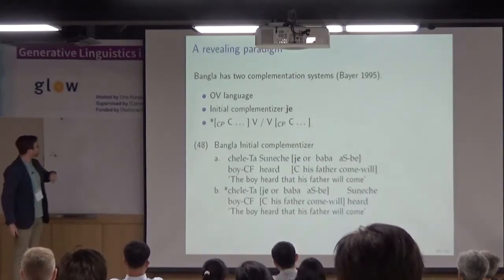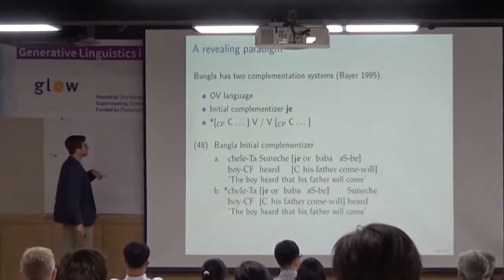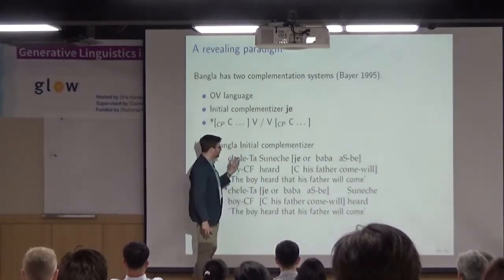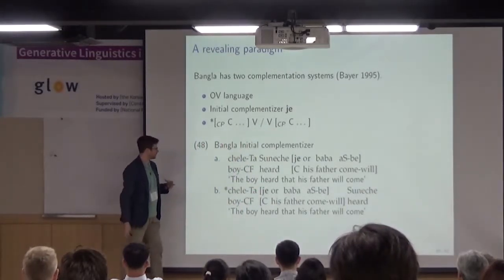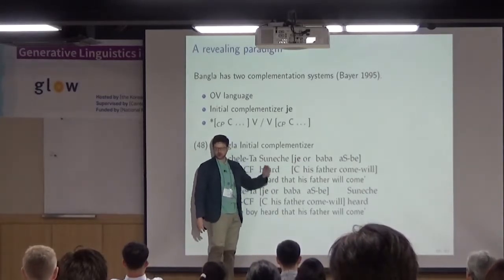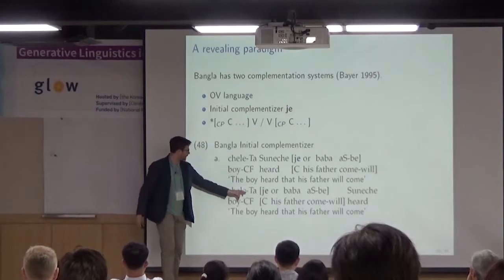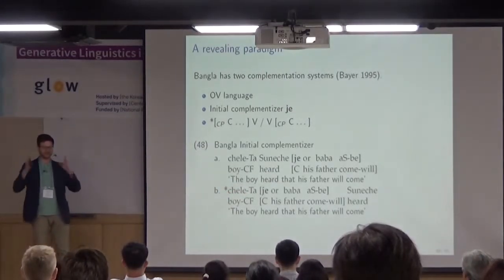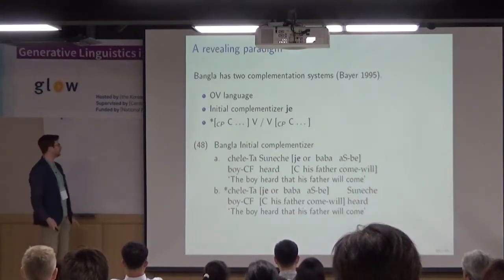Okay. There's another complementizer, which is an initial complementizer, this J guy. And this looks more like what you would see in German or something, where it's an OV language, but the CP likes to extrapose rightward, and it's unhappy, if not completely out, in the middle field, or whatever you want to call that. Okay?